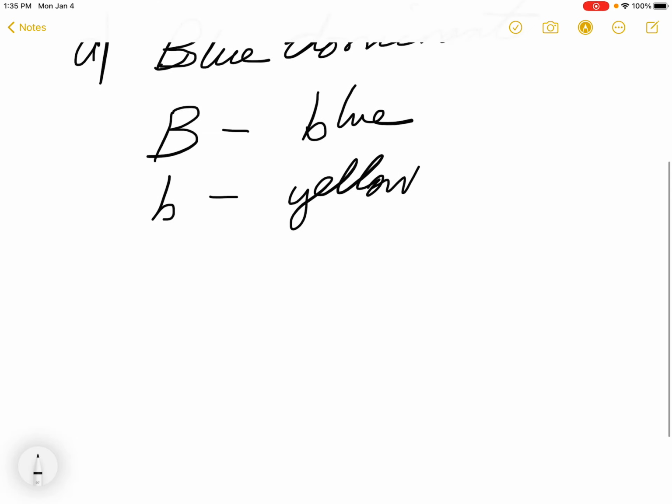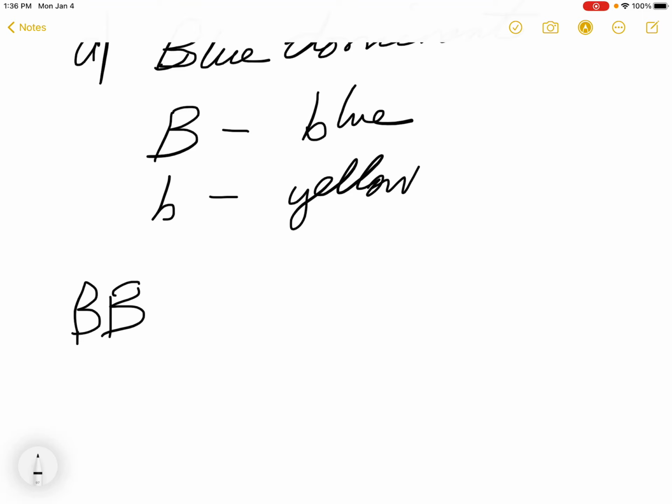And then the question says to determine the genotypes and phenotypes by crossing a true breeding blue with a true breeding yellow. Now remember what true breeding means. It means that in all the history of that particular organism, it's only been blue, which tells us that a true breeding blue has to be a double homozygous dominant.